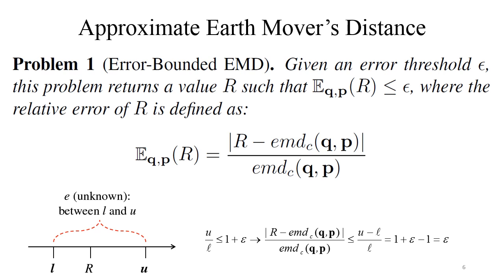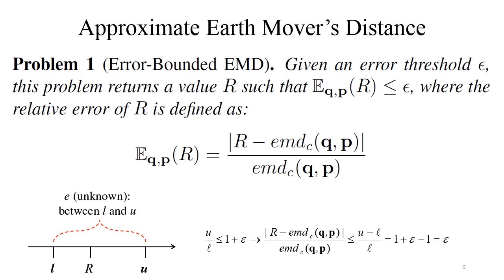One easy approach is to utilize the lower and upper bound functions L and U respectively of EMD to obtain this R, given that the EMD value E in this figure must be within L and U. We can choose any value between L and U as the correct R, which satisfies the relative error between R and EMD-QP being less than or equal to epsilon.